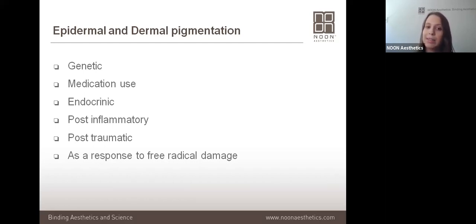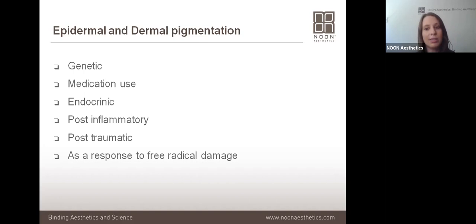So first, the causes, the reasons for these pigmentation disorders. It can be genetic. Of course, we know that each and every one of us has a different tendency to color and pigment, and of course, other things. Another thing is the medication use.